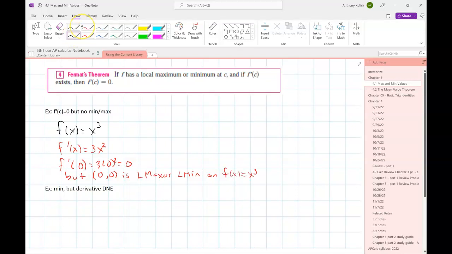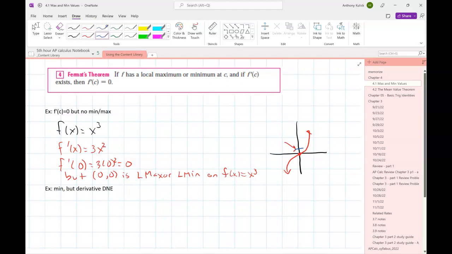If you graphed y equals x cubed, you get something like this. Notice that that's not a local min or a local max.